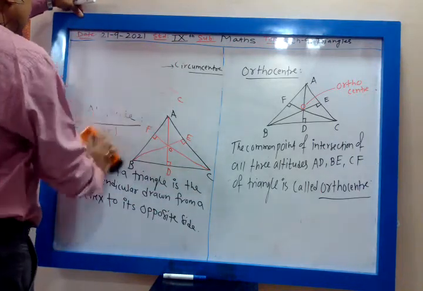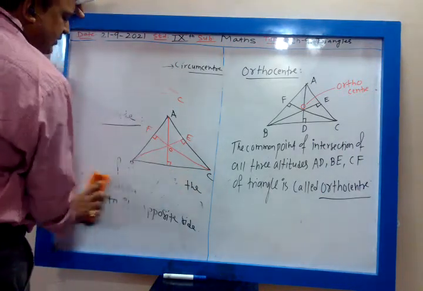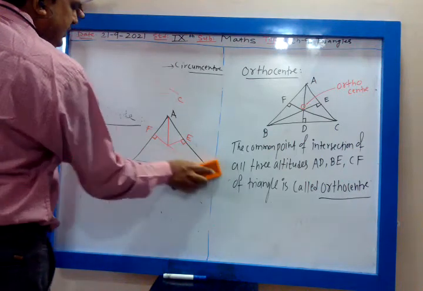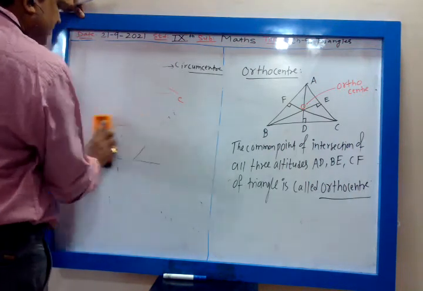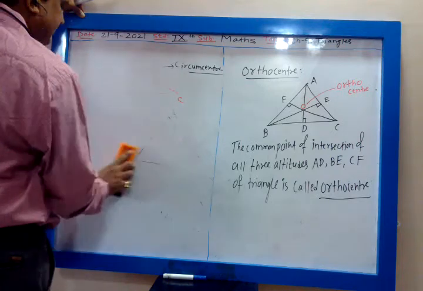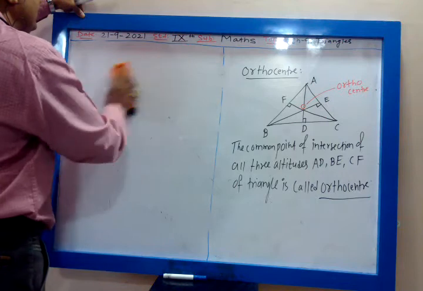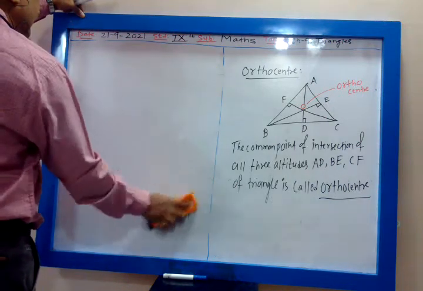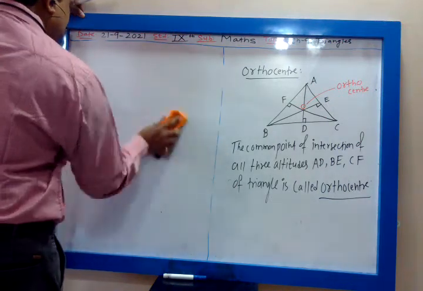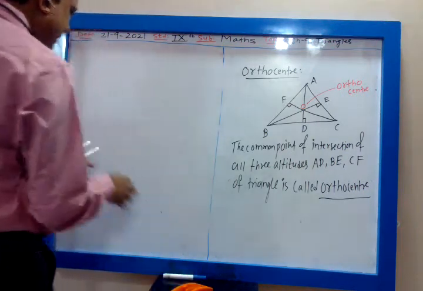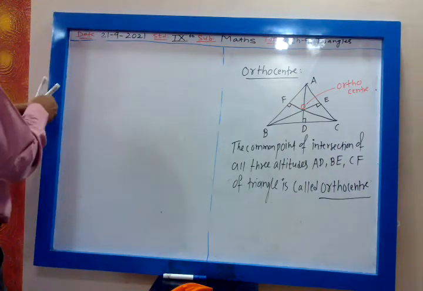The concept should be clear. So once more, draw all three diagrams in front of you together, because right now you will remember, but next year again you will get confused. What is orthocenter? What is circumcenter? What is centroid? So draw all three diagrams together. First you draw the diagram.